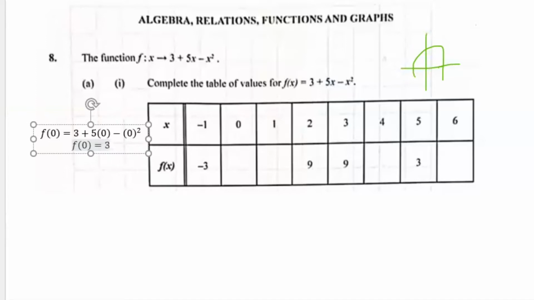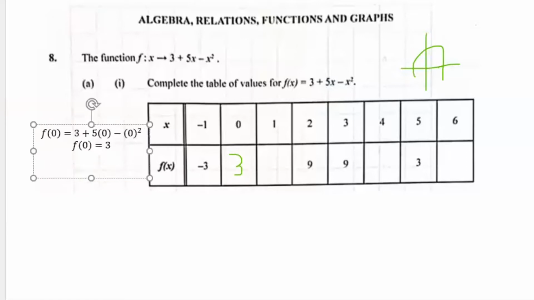So f of 0 is equal to 3. Let me just jot in the 3 right here. Next we go to the other one.